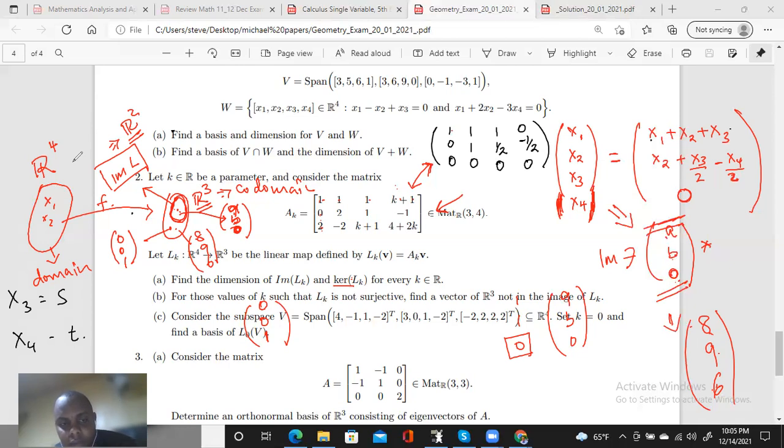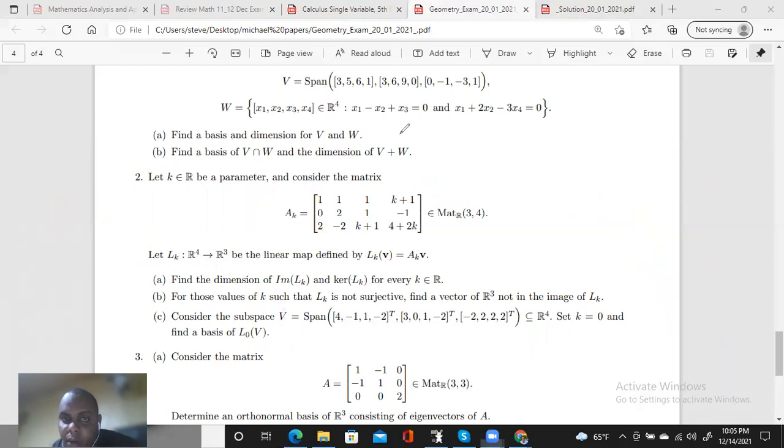That's the line before questions A, B, C. So R4 is the domain, with the number of columns as its dimension. And R3 is the codomain, with the number of rows as its dimension. But why does it change from columns to rows?